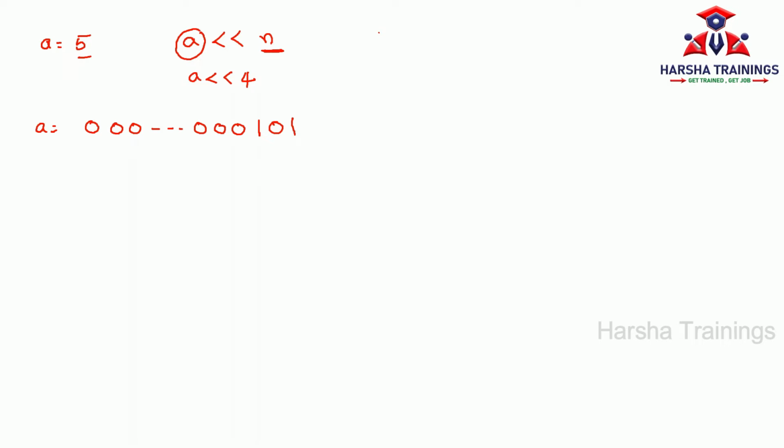Assume the total memory we are allocating is 2 bytes. This depends upon the architecture, it may change. Assume now the total memory is 2 bytes, so this is total 16 bits of memory. It is stored internally like this. The value is equal to 5. Now, 4 times in the sense, first to perform the first left shift operation.